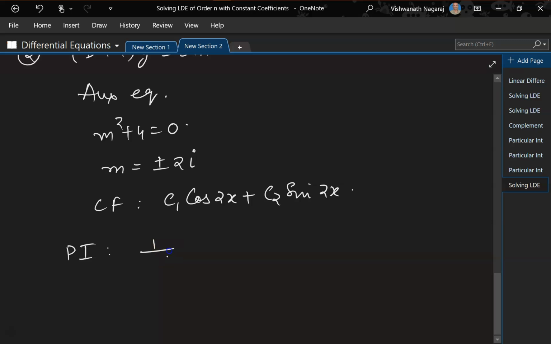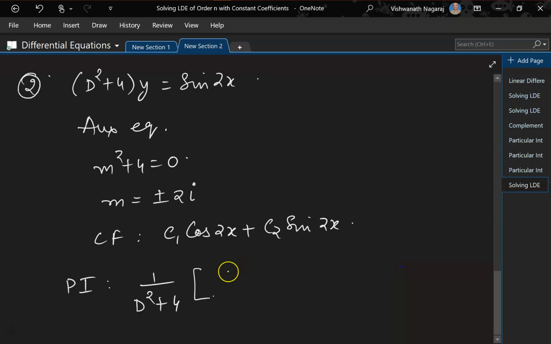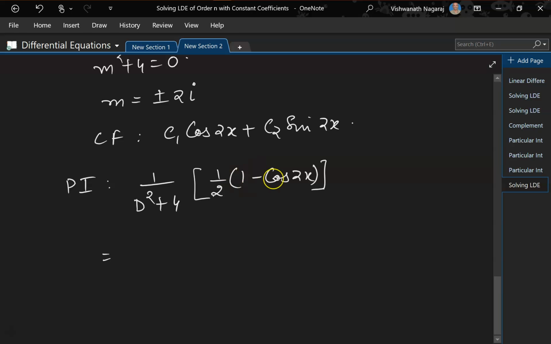Now we have to figure out the particular integral. Now for this, 1/(D² + 4) and this sin 2x we will take in this form, (1/2)(1 − cos 2x). Okay, so this is nothing but another way in which sin 2x can be written.